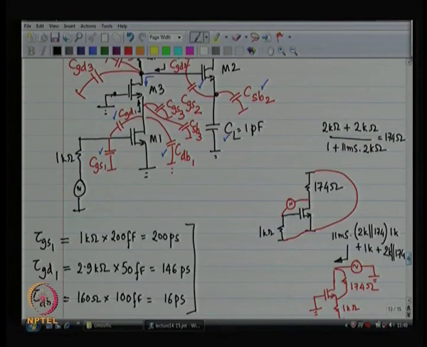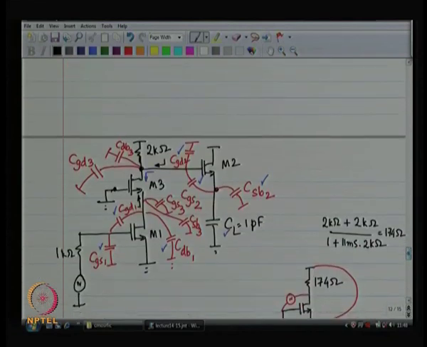Then I have to work on, so this is what I have done. So, I have to work on C gate to drain 3, which is the same as drain to body 3.